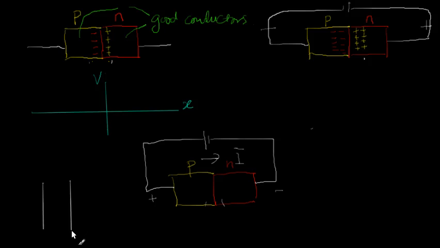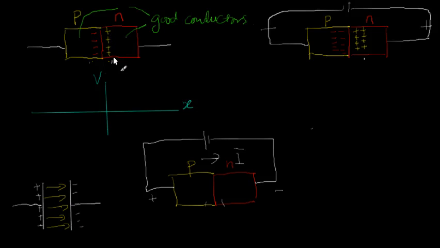I've talked quite a bit about parallel plates which are connected to positive and negative poles of a battery, and the result was that there were positive charges on one plate and negative charges on the other plate, and then we have an electric field going from the positive to the negative plates.